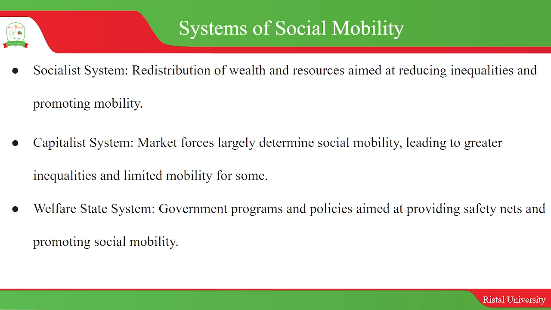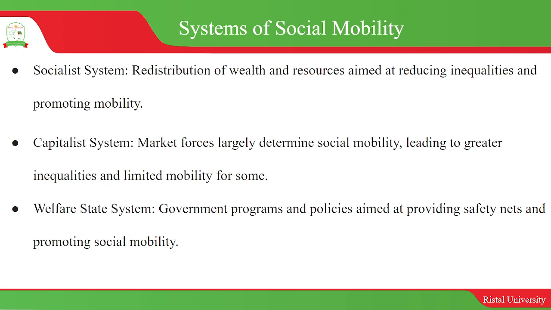And then we move to the systems of social mobility. Here we have three. Socialist system is where resources or wealth are redistributed to make sure that those who don't have are uplifted. It is the opposite of the capitalist system, where as long as I can make a lot of profits, I don't care about the poor person.